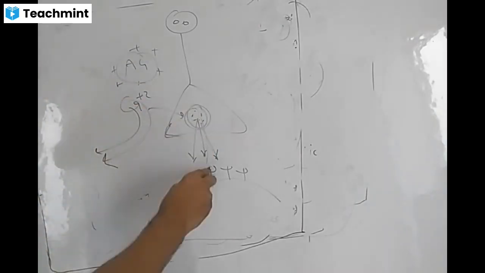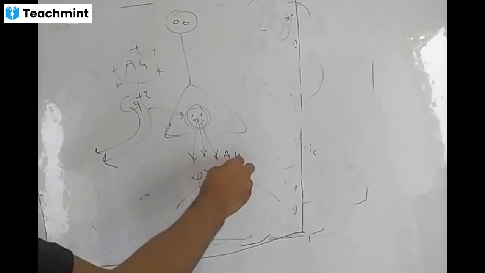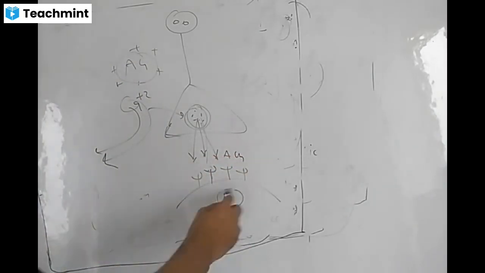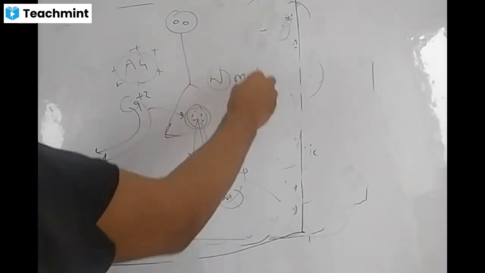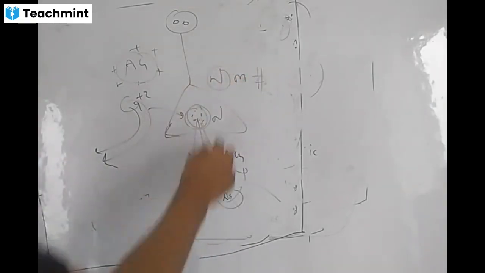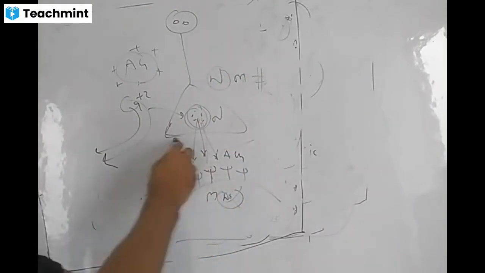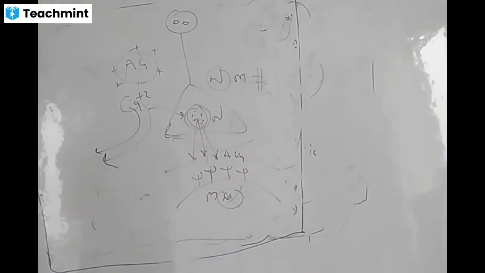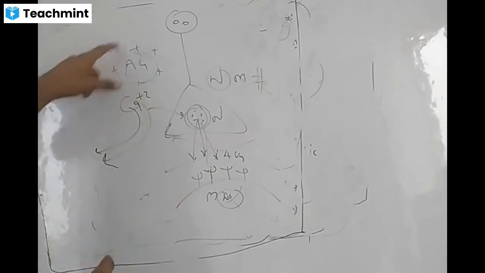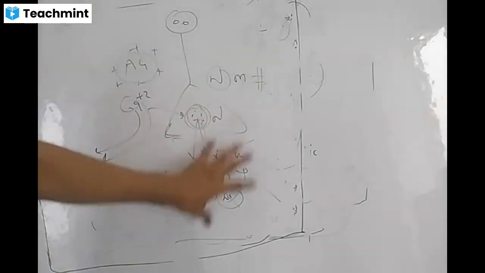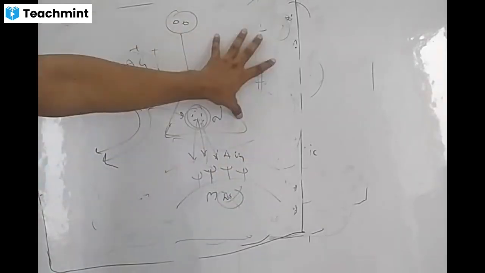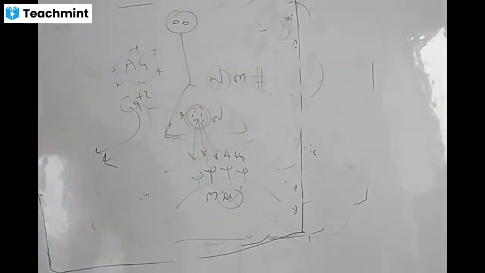So no exocytosis, no acetylcholine, no muscle contraction. This is neuromuscular blockade, nerve and muscle blockade, because positive charges repel, no calcium entry, no exocytosis, no muscle contraction.